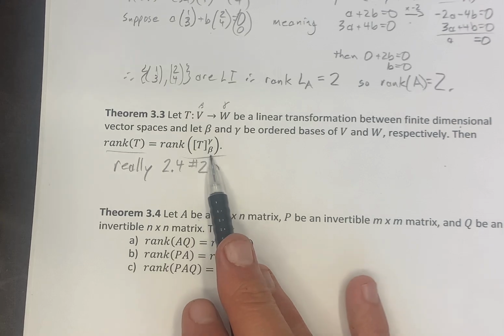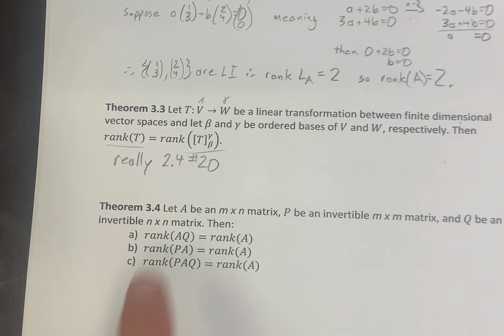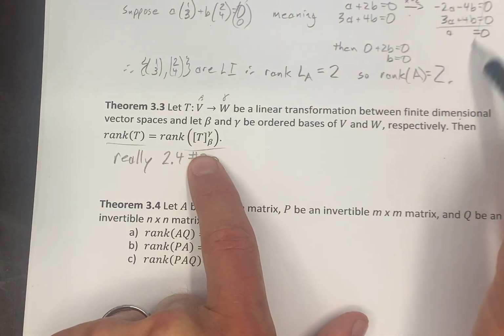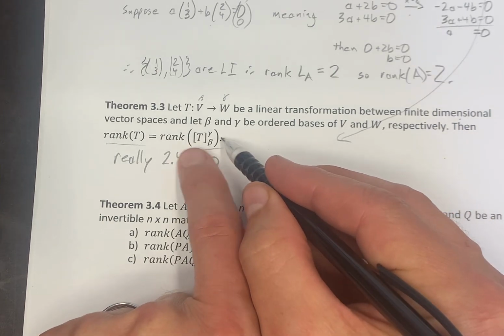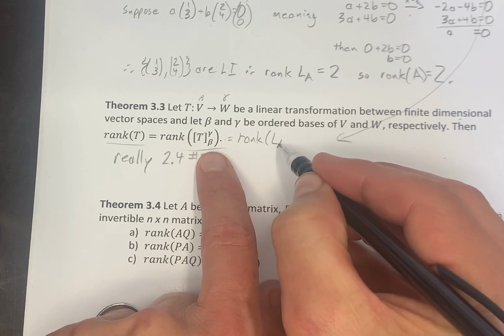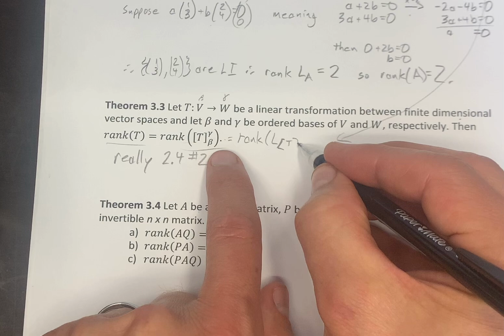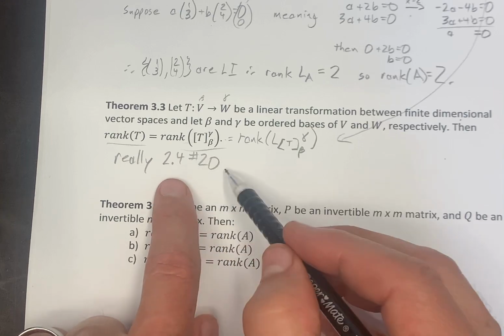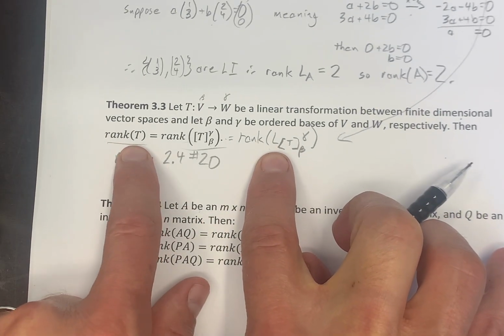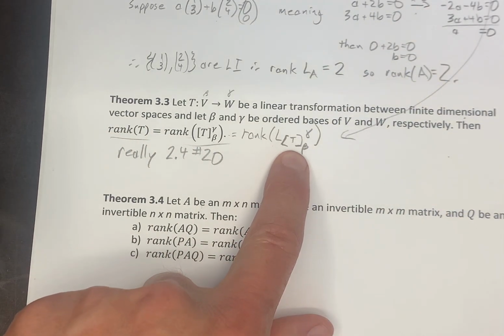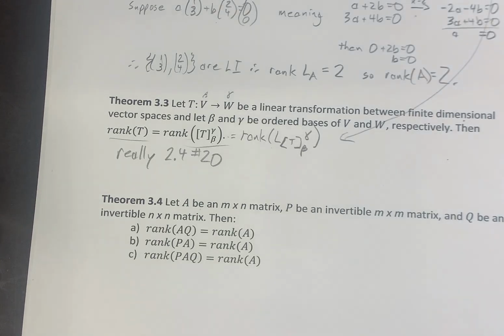It says the rank of that left multiplication by this matrix, which is defined to be the rank of L of this matrix, right? So by definition, it's that. And this homework problem showed that these were the same. So the rank of the linear transformation and the rank of left multiplication by that matrix are the same. So that's really helpful.